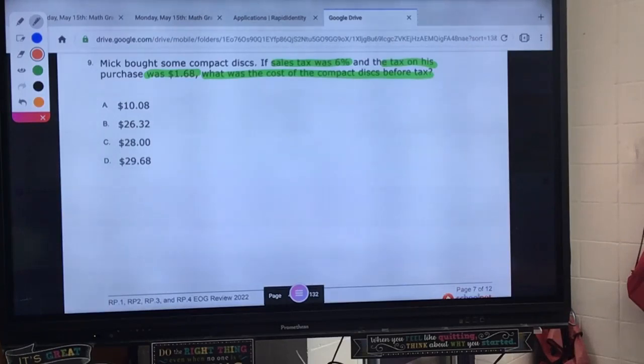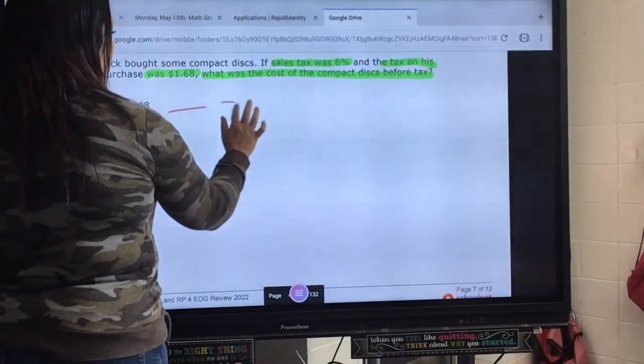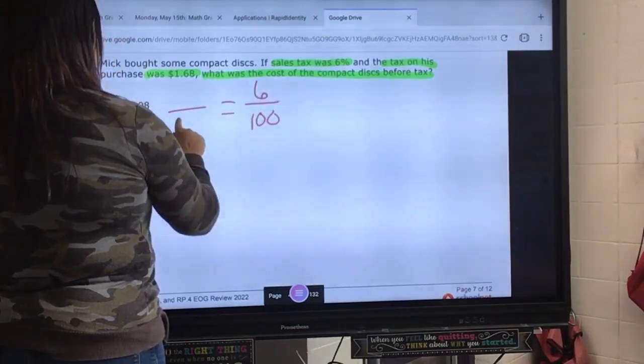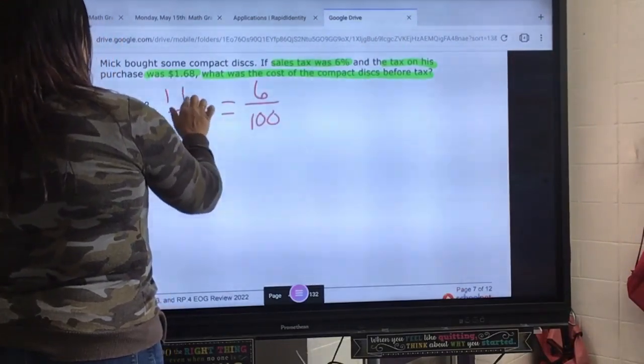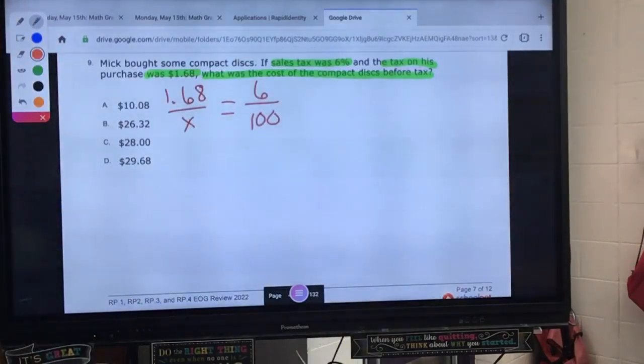That is the way I solved this problem. You can do your percent proportion. What is it? 6%. We are looking for the whole. We know the part. You can do it this way. Whichever way you feel most comfortable doing it, I want you to solve it and then stand up when you have your answer.